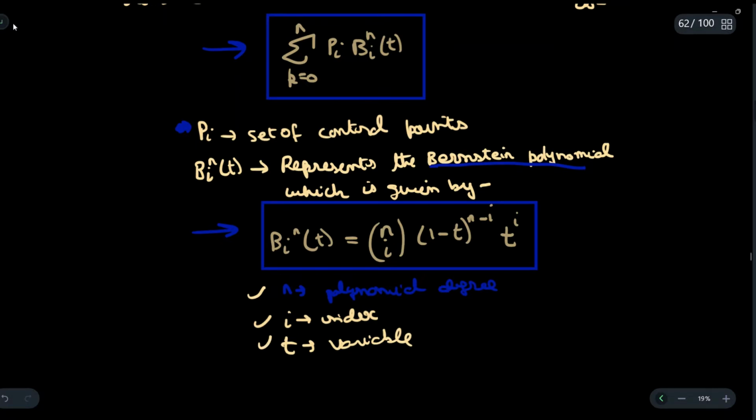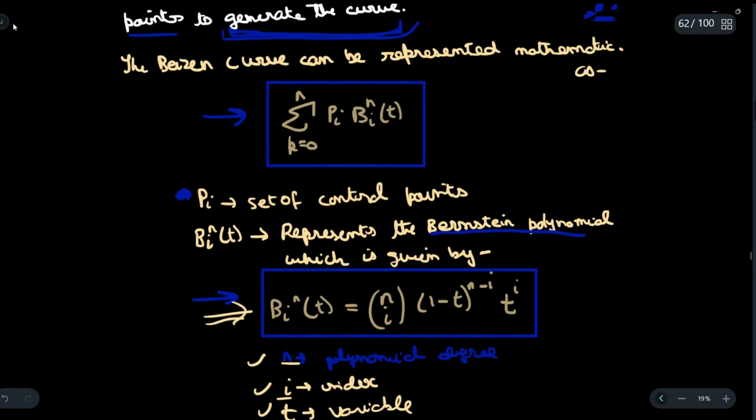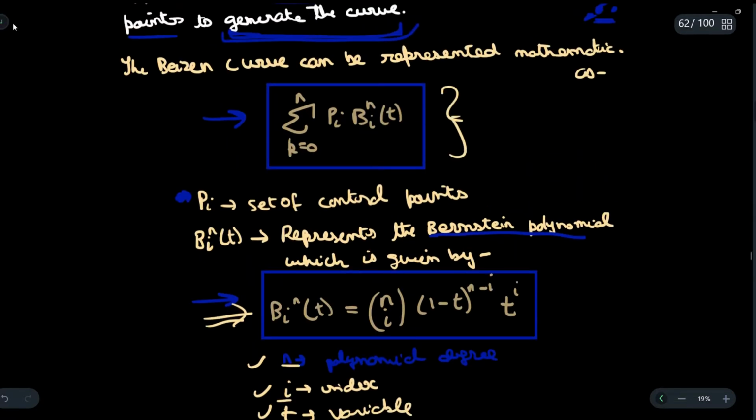So these are the three things given by n, i and t, and this is known as the Bernstein polynomial. And this is how the Bézier curve is represented mathematically. Now this n choose i can be written as n factorial upon i factorial into n minus i factorial. That is how you write this thing.